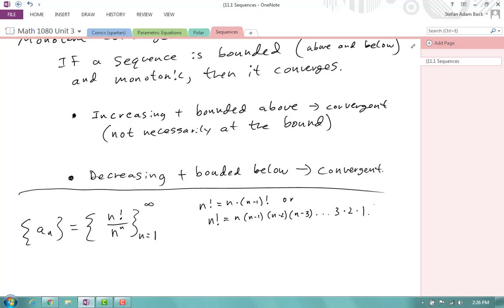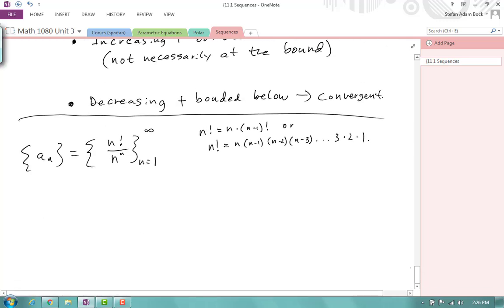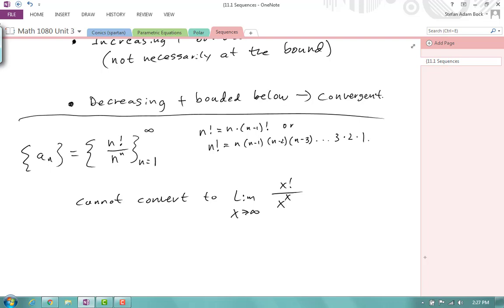So this is a problem which I cannot translate to our chapter 2 limits. I cannot convert to the limit as x goes to infinity of x factorial over x to the x, because x factorial is not defined for numbers like 1/2 or pi or the square root of 2. So I won't be able to find this one just by using a regular limit.